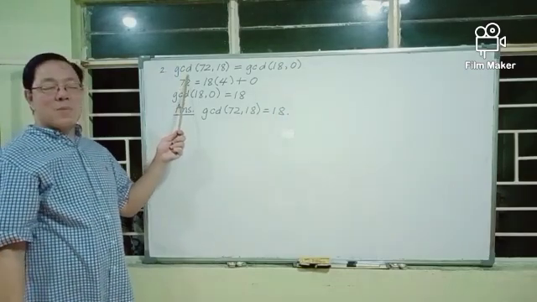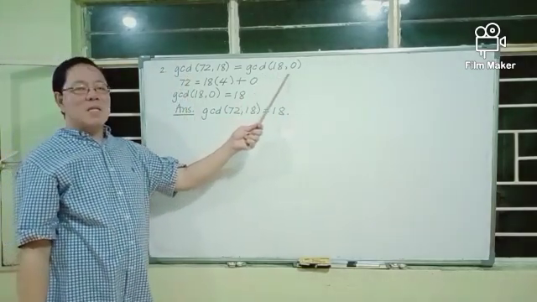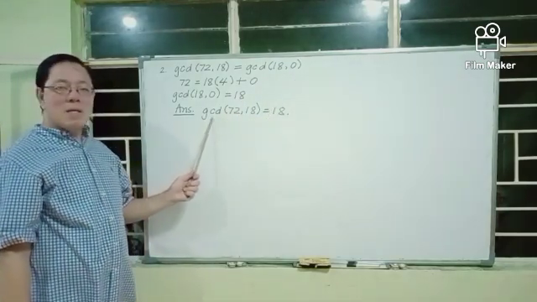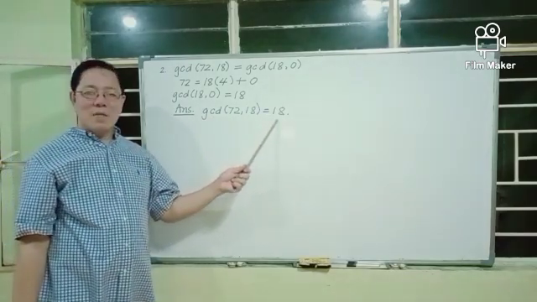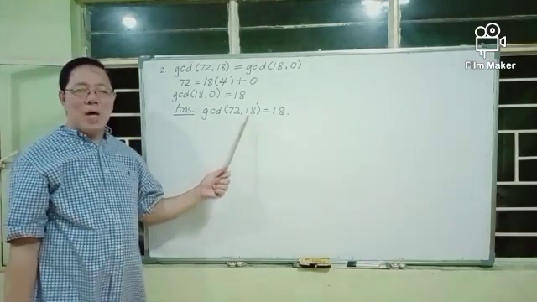Now, the greatest common divisor of 72 and 18 is equal to the greatest common divisor of 18 and 0, which is equal to 18. Therefore, we write the greatest common divisor of 72 and 18 is 18. 18 is the largest positive integer that can divide 72 and 18.